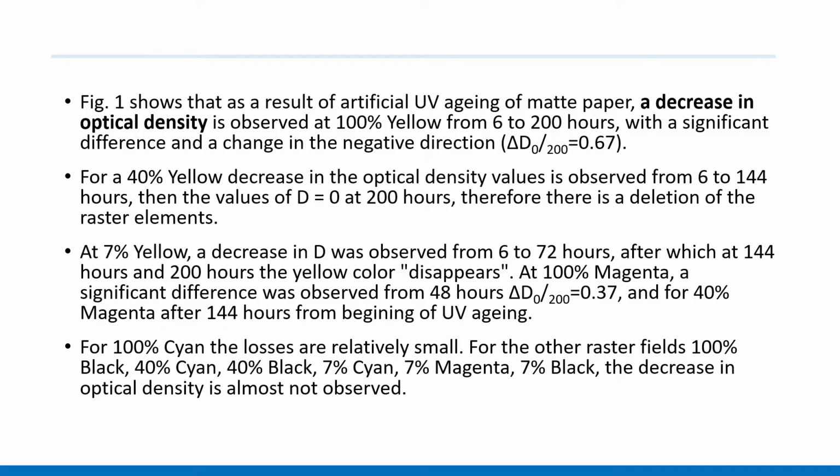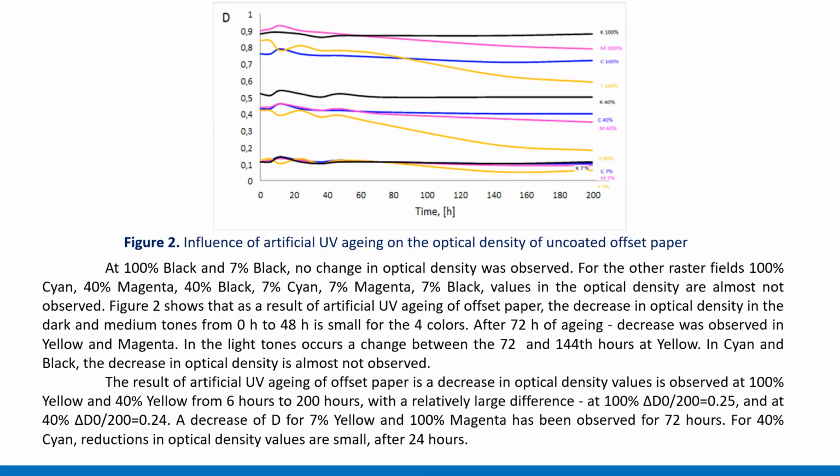So we have established a big decrease in optical density, especially in yellow color. You can see that the difference in density is about 0.67 units of density. This is a very big decrease. So we have made conclusions for all four colors, for all range of tones.